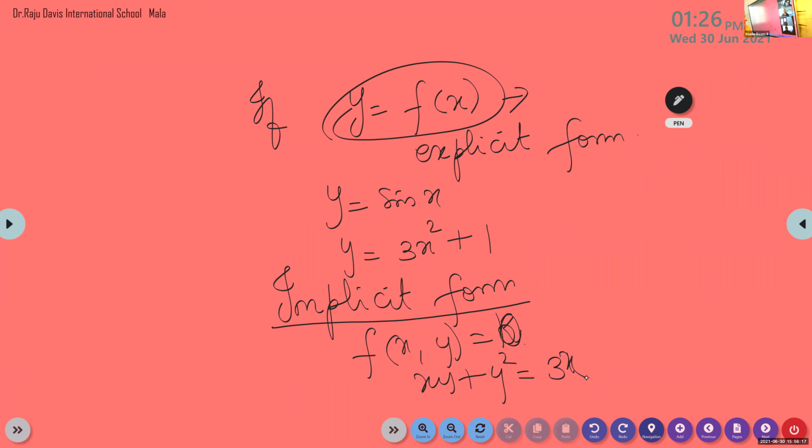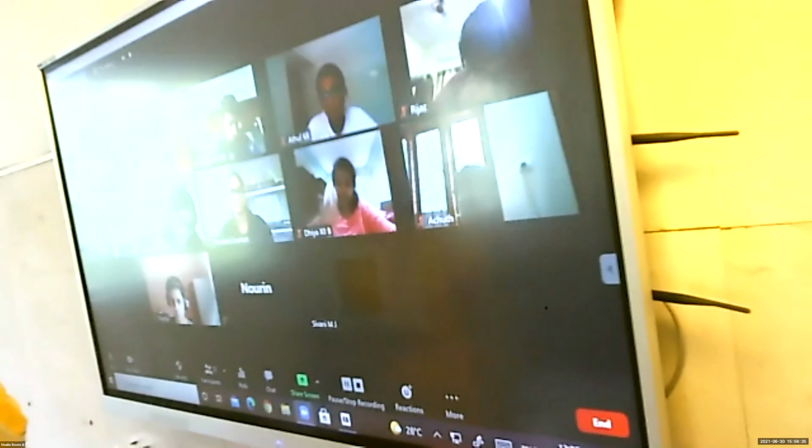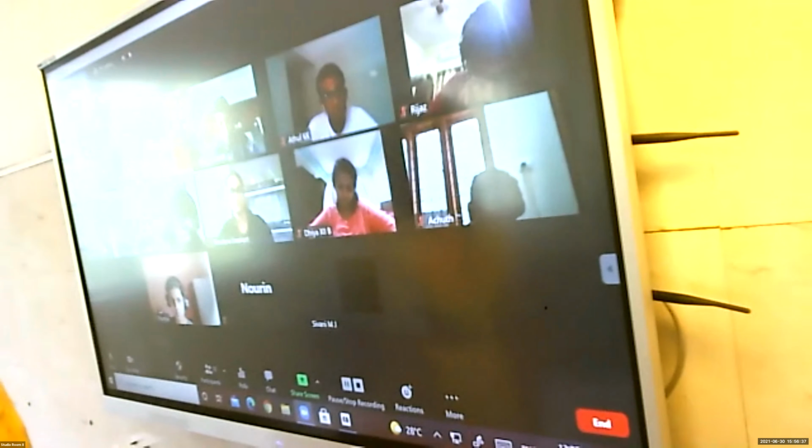Is it clear? Is the difference okay, Naureen? Yes, ma'am. Okay. Nandana? Yes, ma'am. Shivani, can you give one example of an implicit function? Shivani, give one example in implicit form.